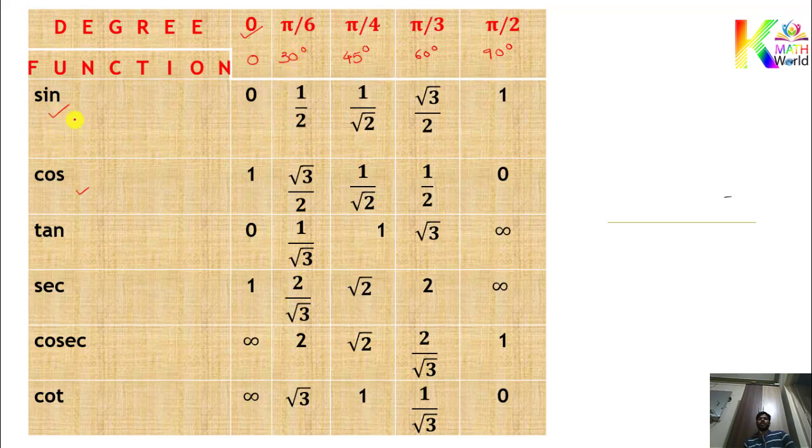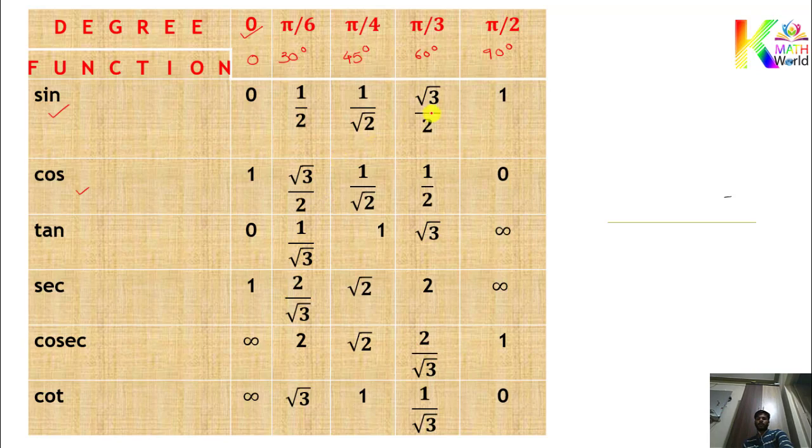It means sine 30 is 1/2, cos 30 is √3/2. Same way, all these values we know from standard 10.